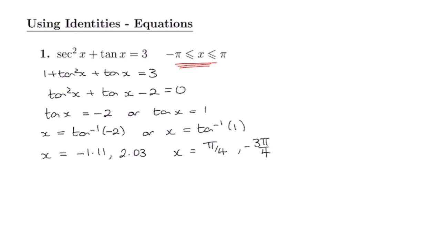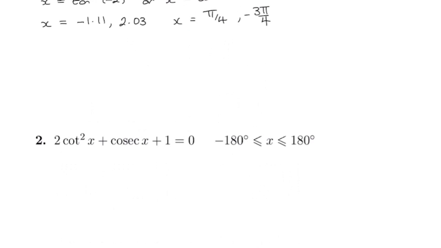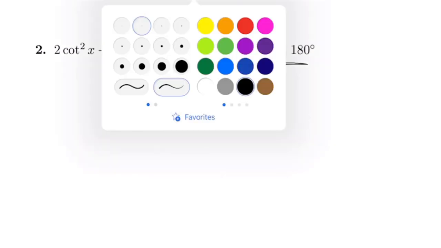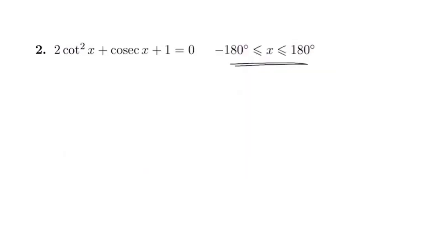So that's the first one. Notice I've not used a cast diagram because it's a tan one. Next one is 2 cot squared x plus cosec x plus 1 equals 0. And this time I'm working in degrees. So I need to make sure my calculator is working in degrees for me. And if you have a little look, you can see it's the cot squared x that I want to swap.